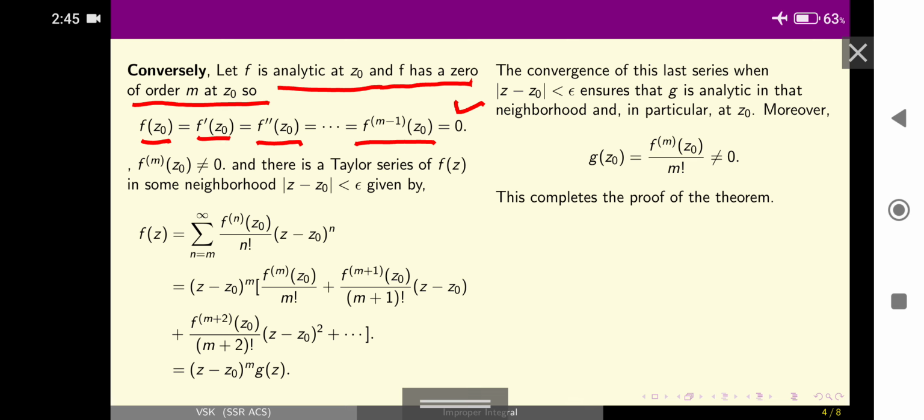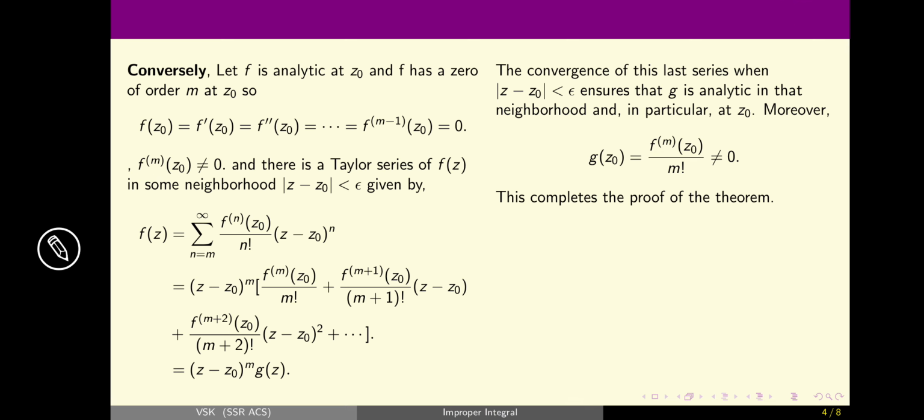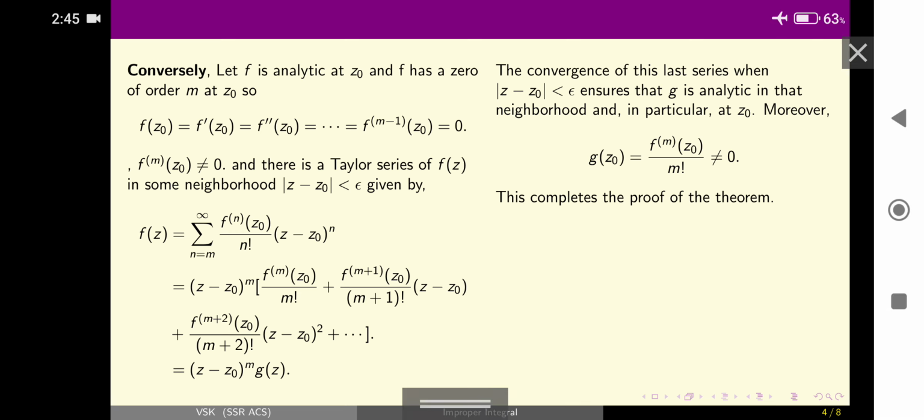And the mth derivative of f at z naught is not equal to 0. And there is a Taylor series of f(z) in some neighborhood |z minus z naught| less than epsilon, given by f(z) is equal to the sum from n equal to m to infinity of f n z naught divided by factorial n into (z minus z naught) to the power n. This is because all these derivatives are 0.